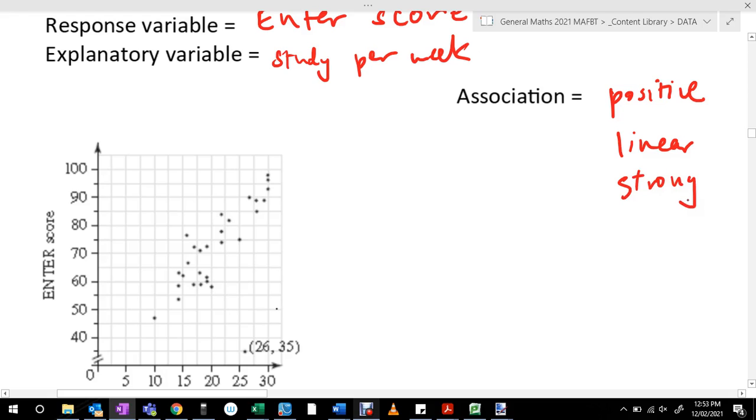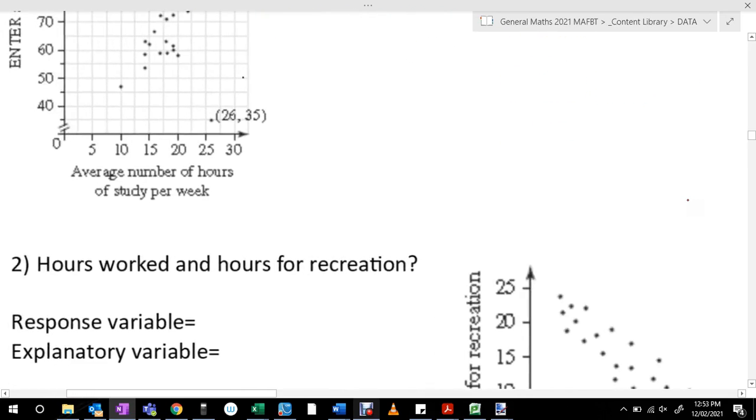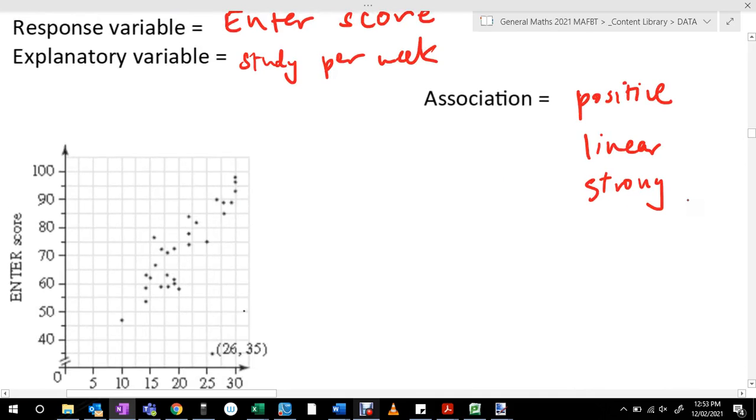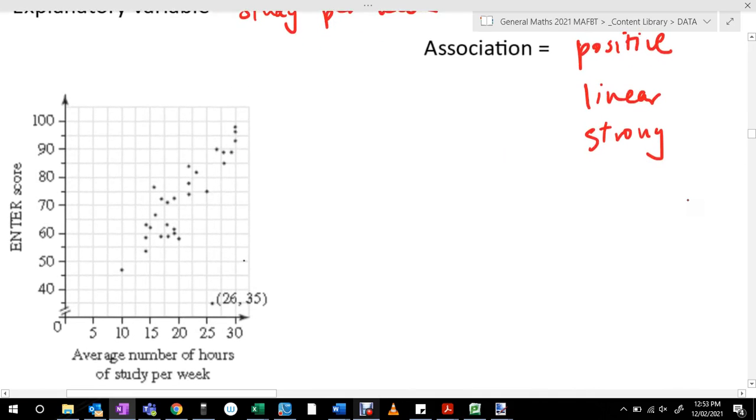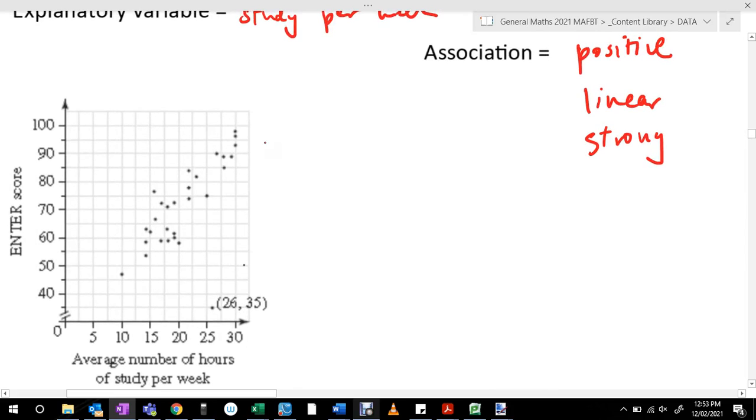But for now, let's call it strong. So it's positive, linear, strong. As a full answer, you would write there is a positive linear strong association between average numbers of hours per week and enter score.